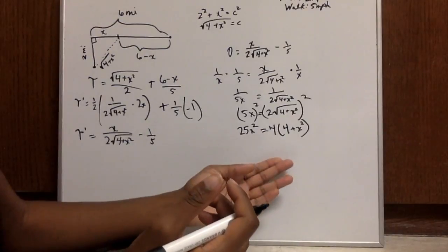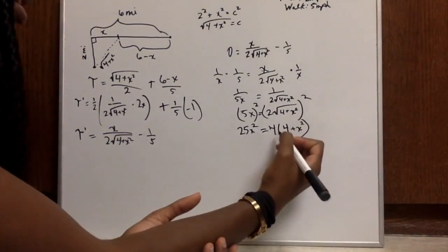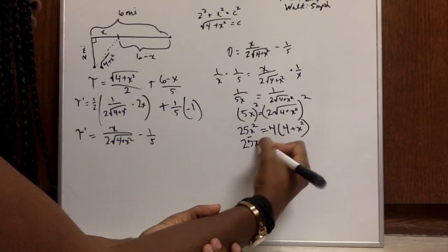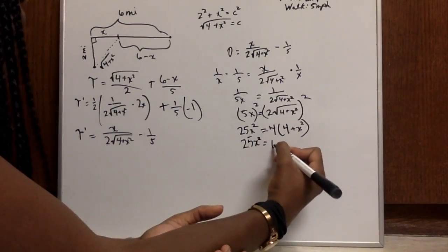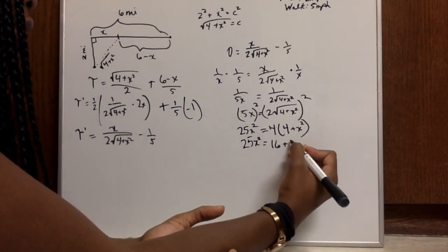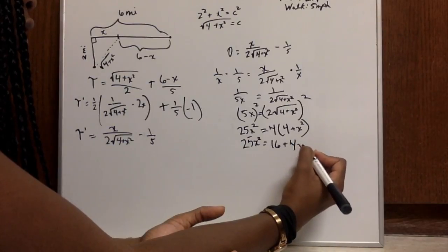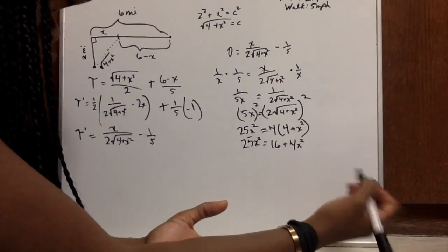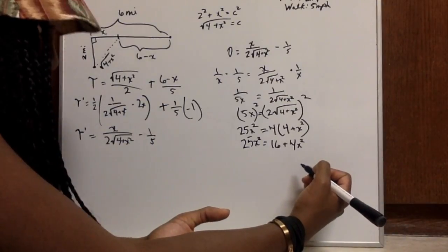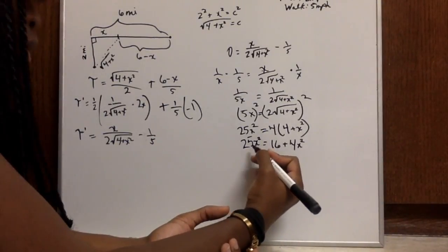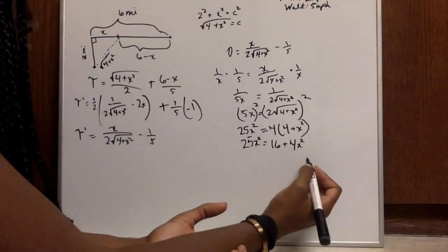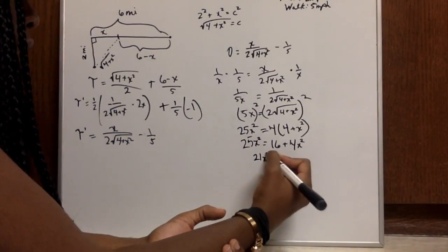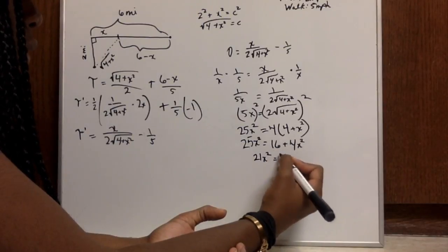Now I'm going to distribute this 4. So 25x squared is equal to 16 plus 4x squared. Next, we subtract 4x squared from both sides. So 25x squared minus 4x squared is 21x squared, which is equal to 16.